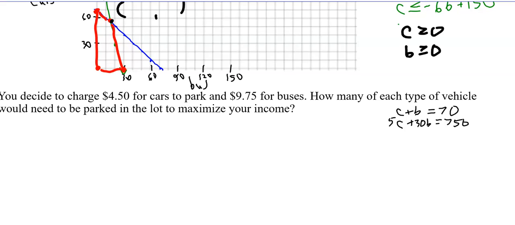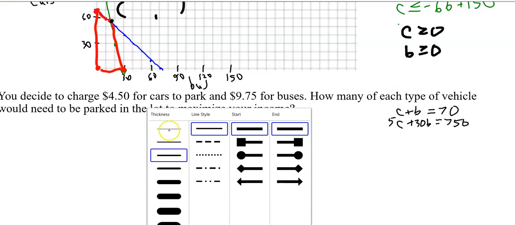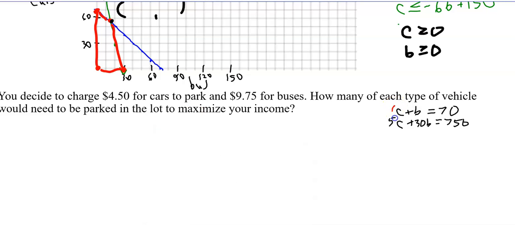We've done a little bit of that this chapter. So it looks like we could multiply that top one by -5 so that the C's would be the opposite. So I get -5C minus 5B equals -350. And then the second equation doesn't change.